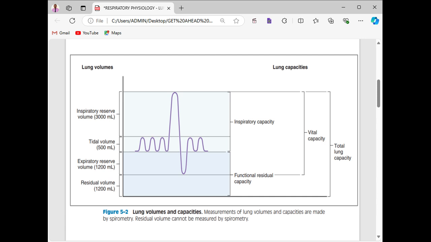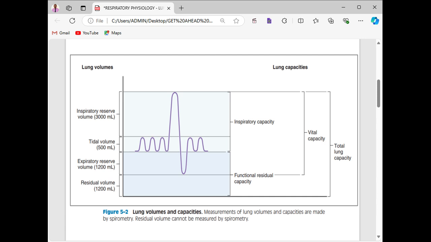And then we also have residual volume, which is normally 1,200 milliliters as well. By definition, residual volume is the volume of air remaining in the lungs after maximum exhalation.